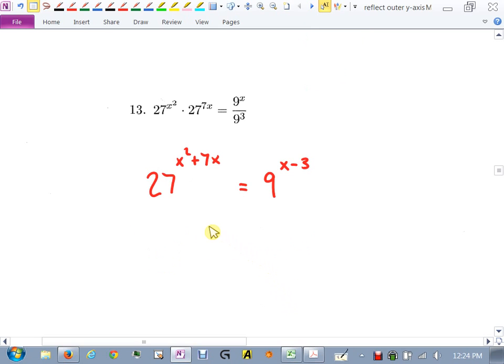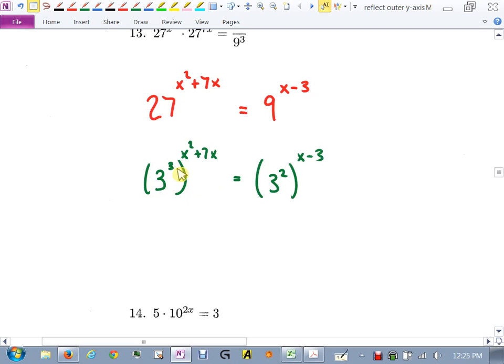Now we're back to a problem that we did right in the beginning when we were first learning about exponents, where you try to get the same base to the same power and you match up the powers. We need to get the same base here. So what base is common? 27 is not 9 to a power, though. 27 is 3 cubed, and 9 is 3 squared, right?